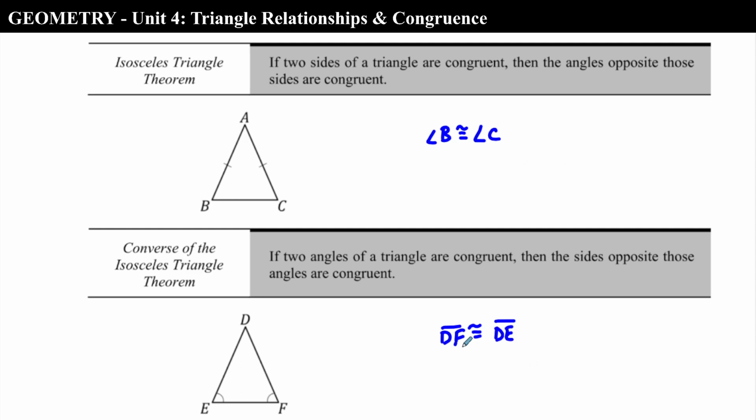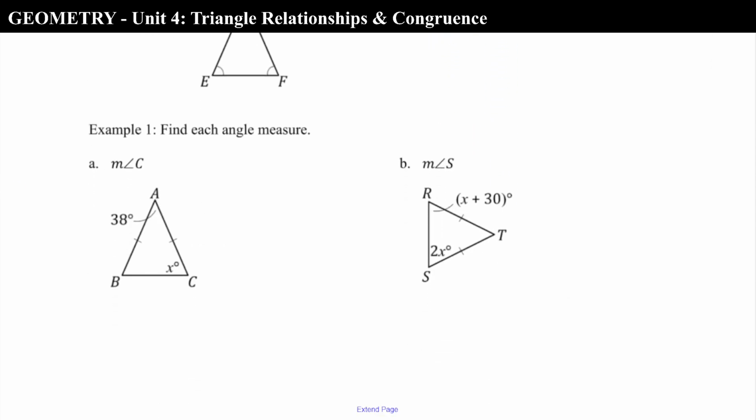Okay, so now that we have the isosceles triangle theorem and its converse stated, we can do an example. So example 1, find each angle measure. So we want to find the measure of angle C here. Well, we know that if angle C is x degrees, that angle B is also going to be x degrees. And now we have all three angles, and we know that the sum of the three angles of this triangle, measure of angle A plus measure of angle B plus measure of angle C, that's going to be 180 degrees.